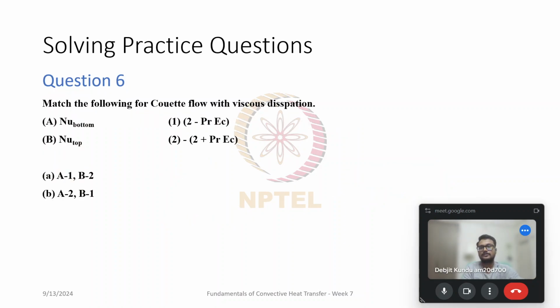We'll move on to question number 6, which is asking us to match the following for fluid flow with viscous dissipation. So in case there is viscous dissipation, what is the Nusselt number at the bottom wall and at the top wall? So once again, this is what a fluid flow looks like.